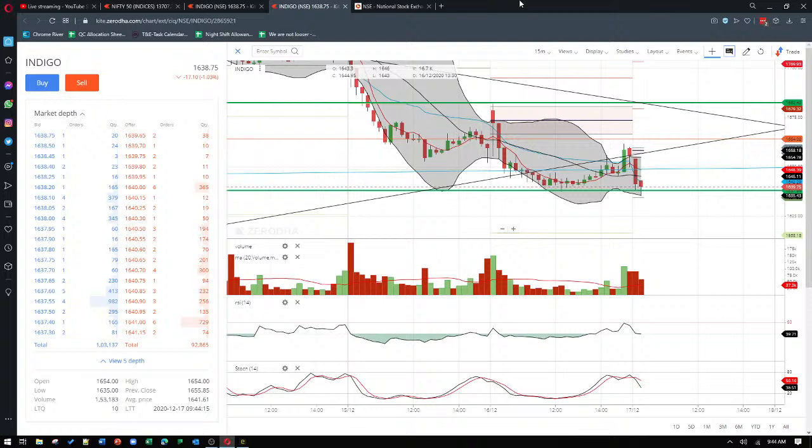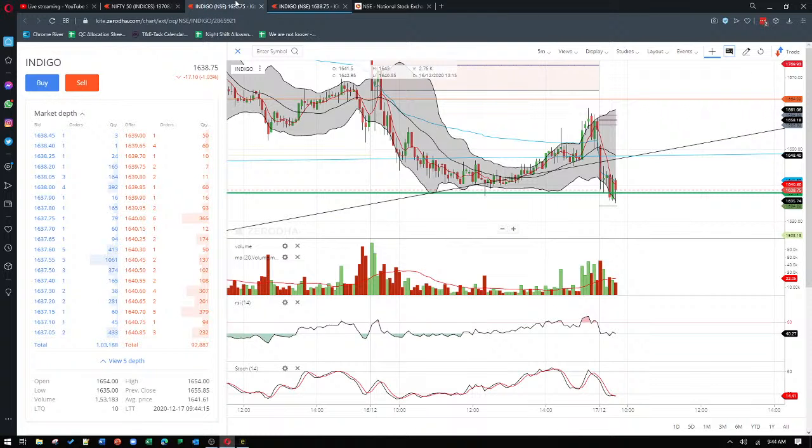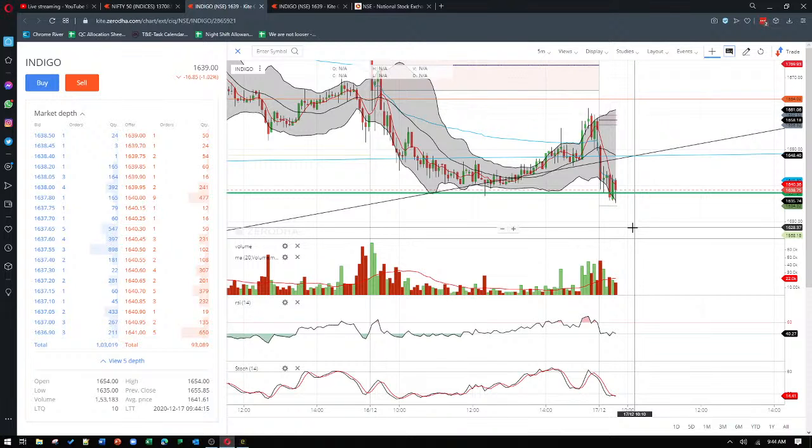What's happening with 5 minutes? Let us see quickly. So 5 minutes, it's kind of oscillating with this VWAP only.